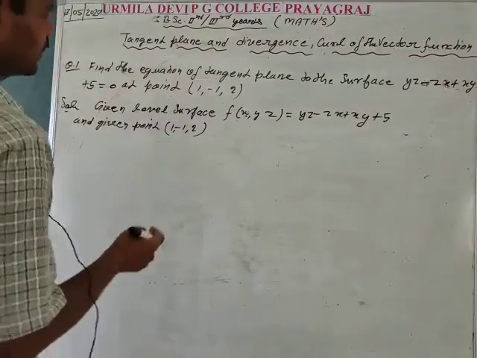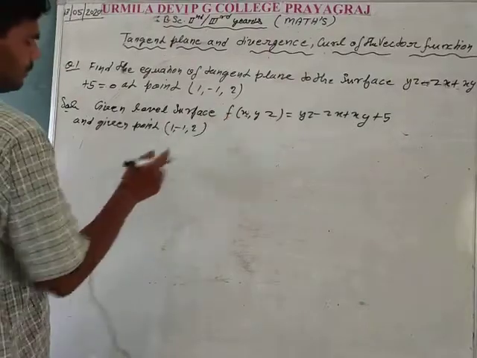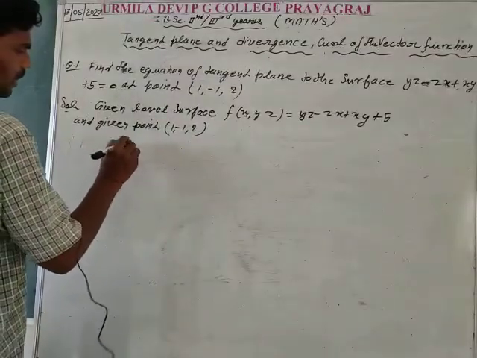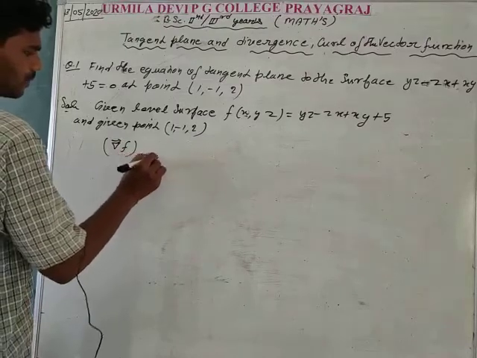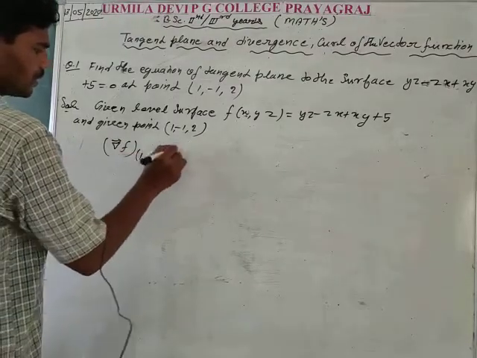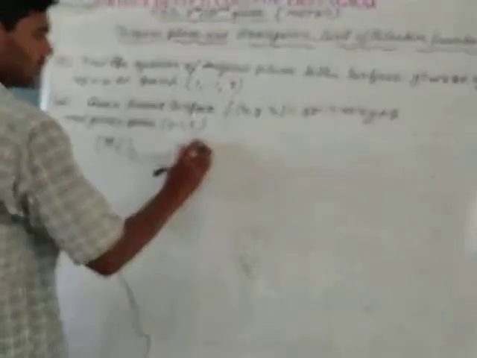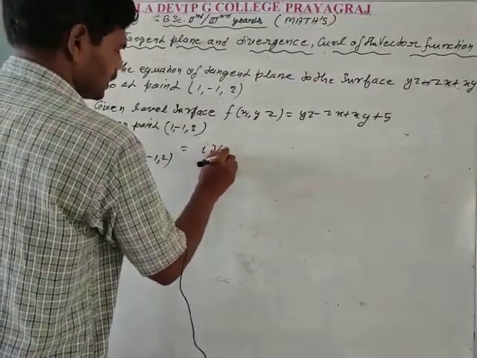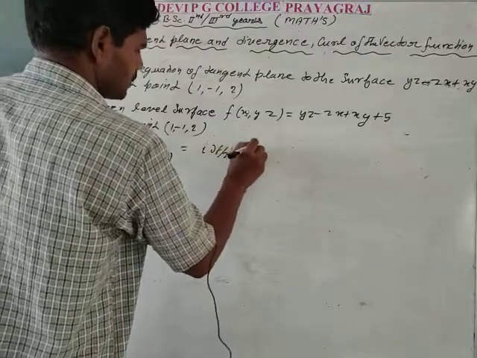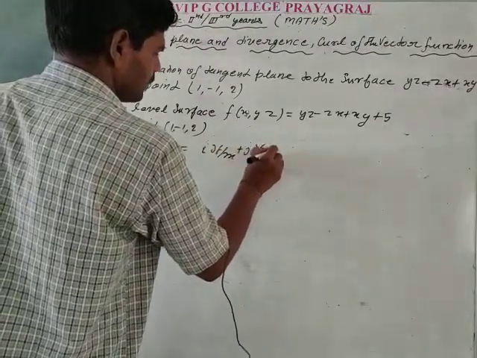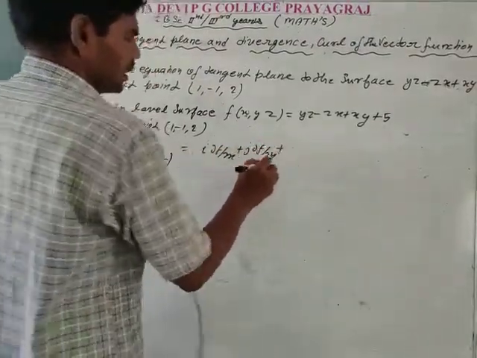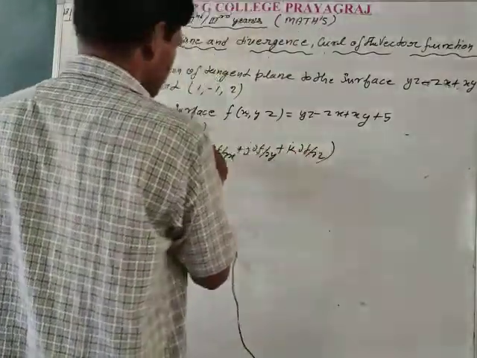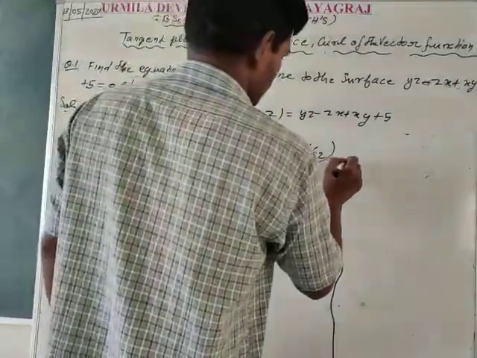First calculate the gradient of function f. So, the gradient of function f at the point 1, minus 1, 2 is equal to i times del f by del x plus j times del f by del y plus k times del f by del z at the point 1, minus 1, 2.